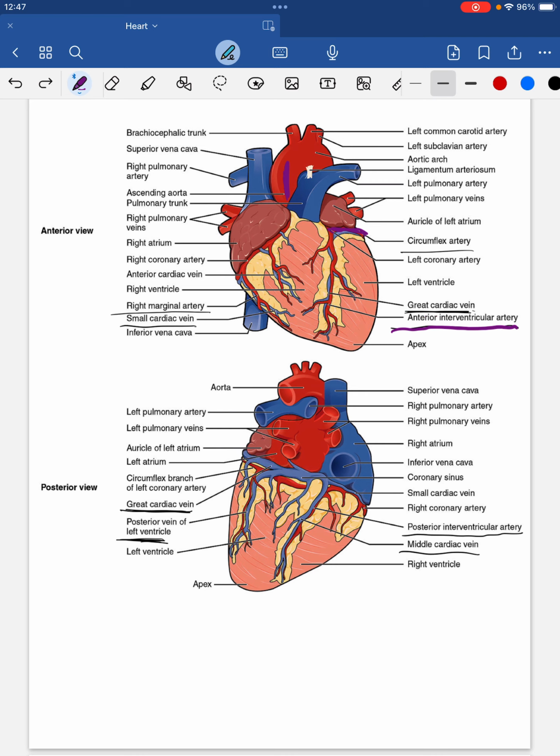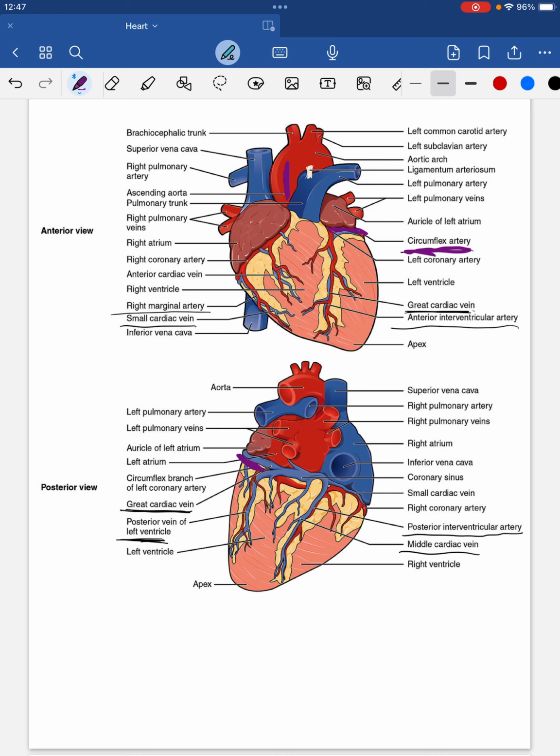And then from our left coronary artery there, we also can go to the circumflex artery. So here, and it goes around to the back over here on the posterior view, where I just highlighted in purple.